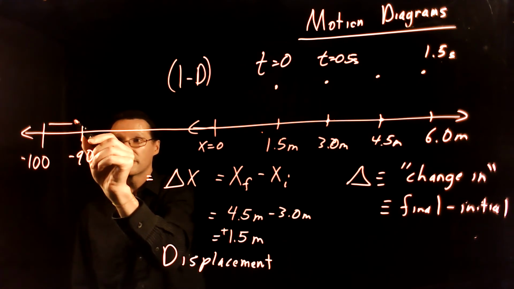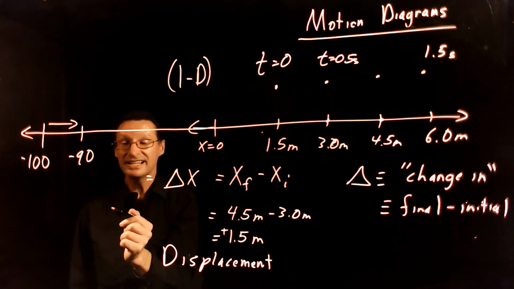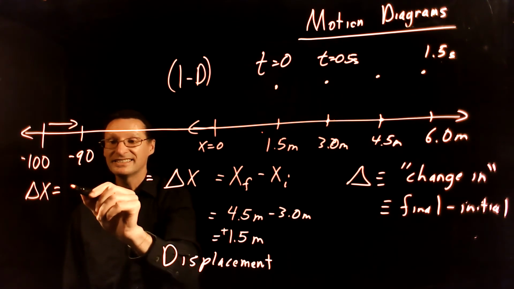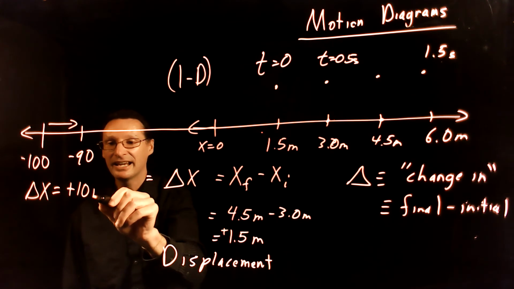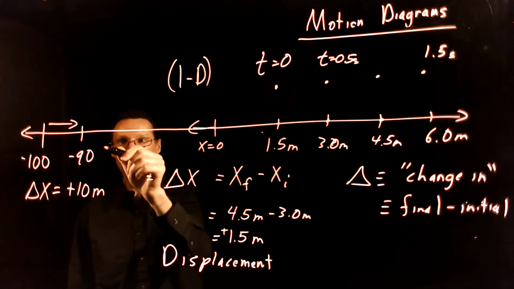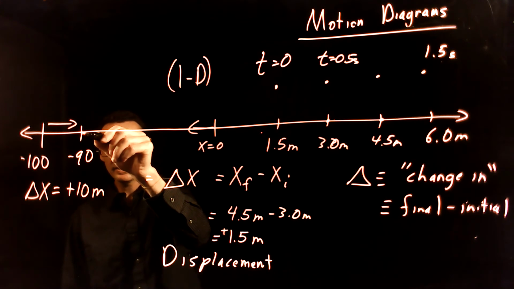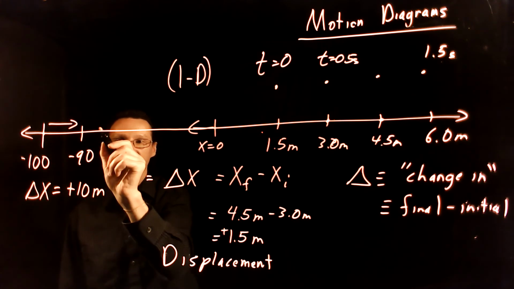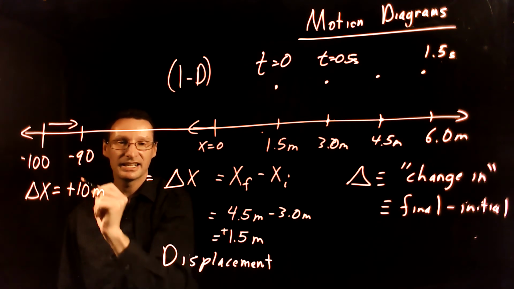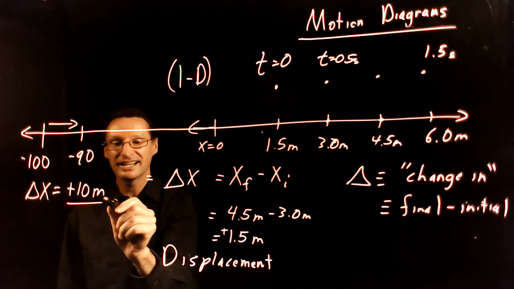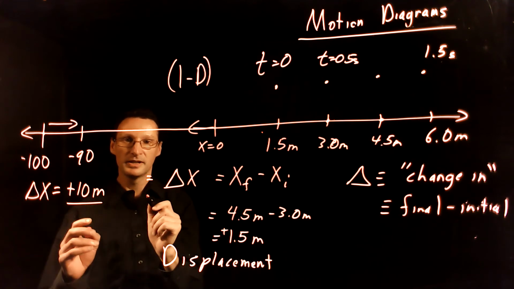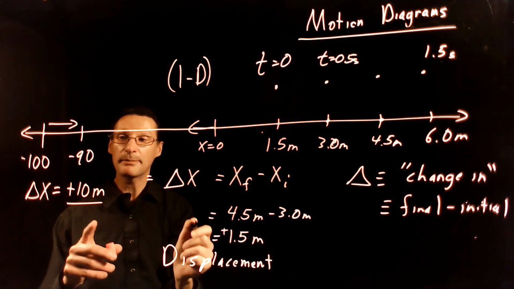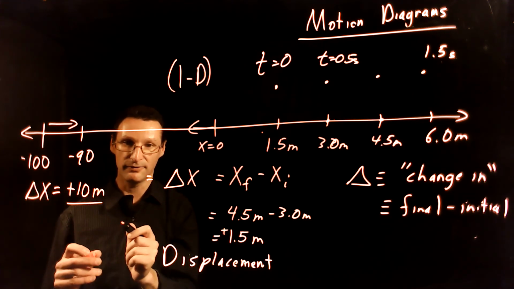But the displacement, or the change in position, is a positive 10 meters. Right? Final is negative 90. Initial is negative 100. If you subtract negative 90 minus a negative 100, that's going to give you a positive 10. So the displacement may be positive or negative separately from the position itself.